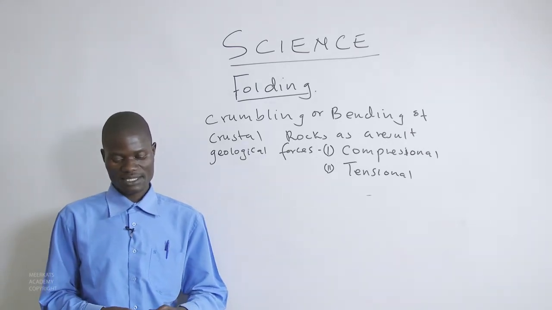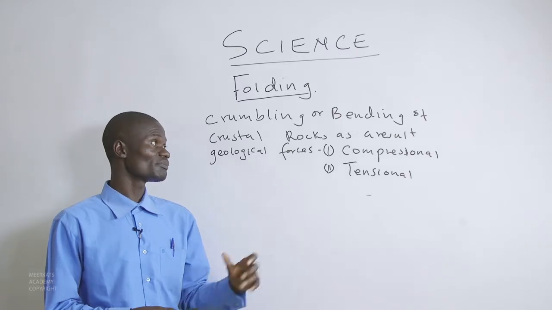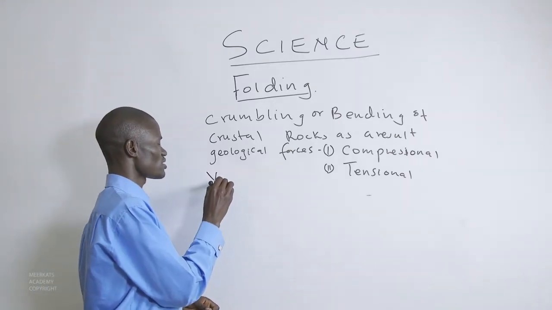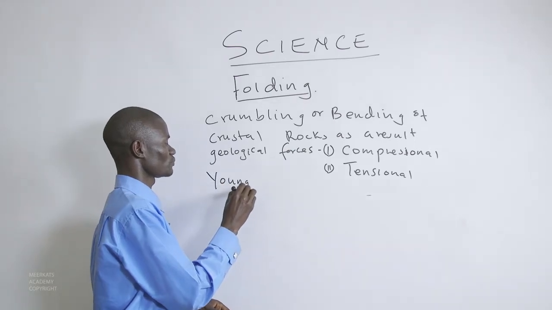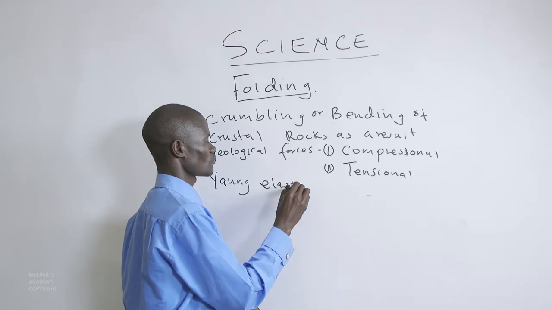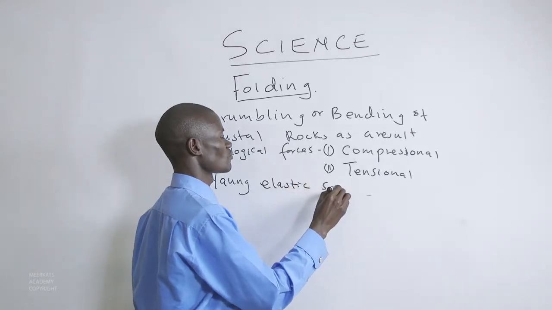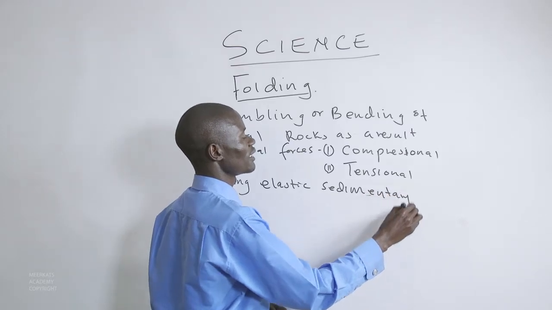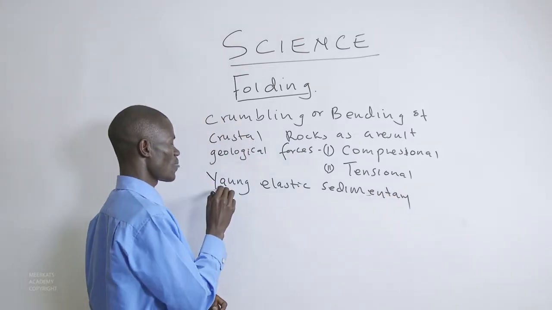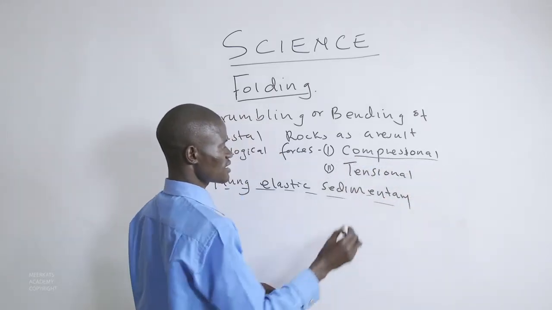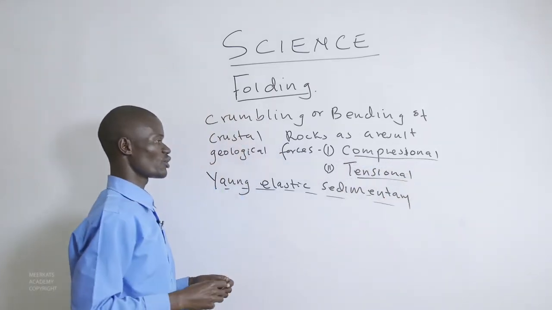And the process may mainly occur in young clastic sedimentary rocks. When you look at the young clastic sedimentary rocks, they are more affected by compressional forces and also tensional forces.